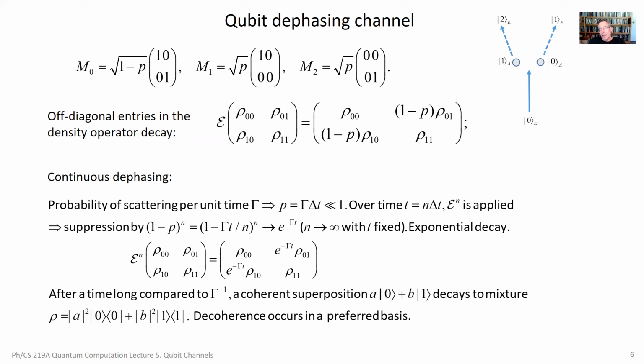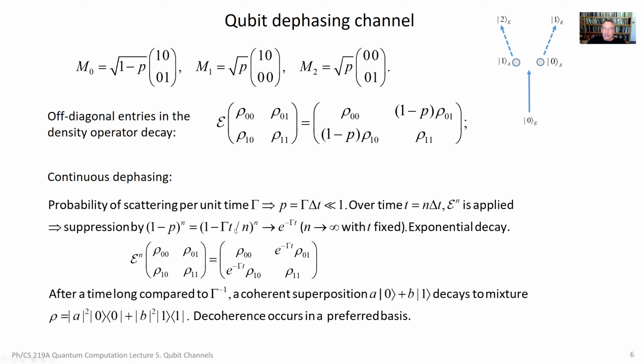And each time it's applied, the off-diagonal terms in the density operator get hit again by another factor of 1 minus p. So after n applications of the channel, the off-diagonal terms have been suppressed by (1 minus p) to the nth power. And now p, remember, is this gamma delta t, the small probability of scattering in each scattering event. Now I'll write that in terms of the total time.